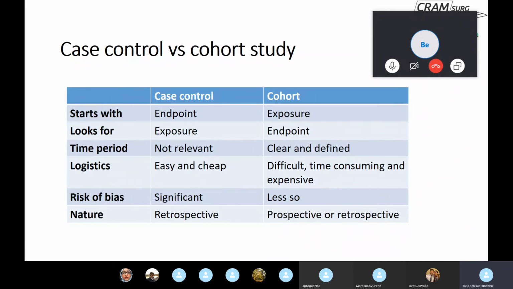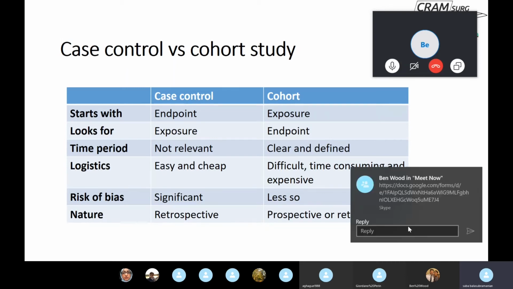And just to explain this a bit further, using our same example, looking at appendicectomy and the development of ulcerative colitis, if you're doing a retrospective cohort study, what you do is you go back in time. You could go back to the year 2000 and look at all the patients who had appendicectomy in Sheffield, and take another cohort of patients who came into hospital, into the surgical unit for conditions other than appendicitis.